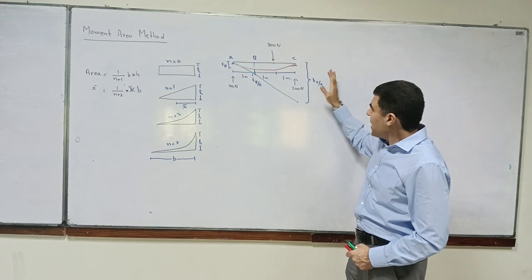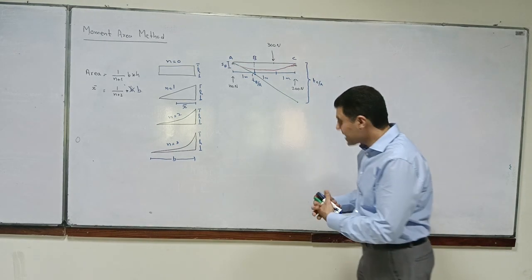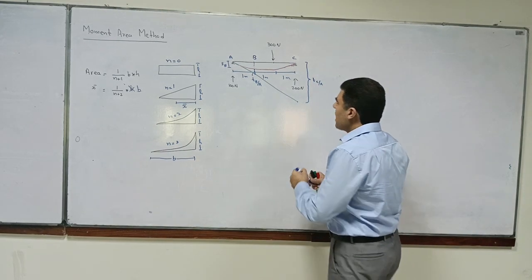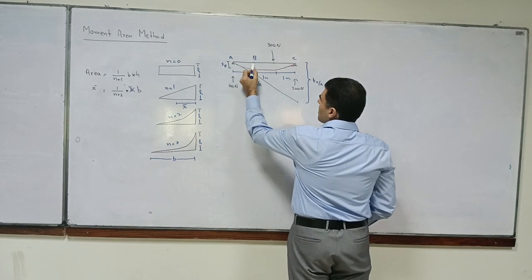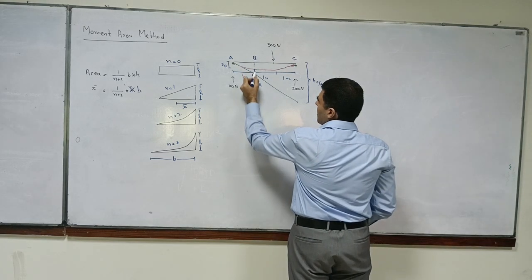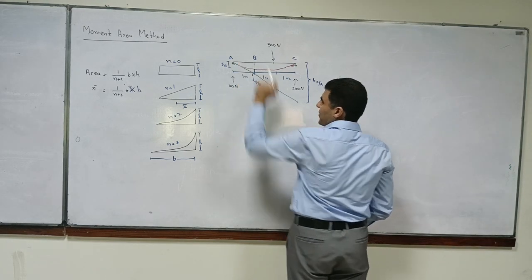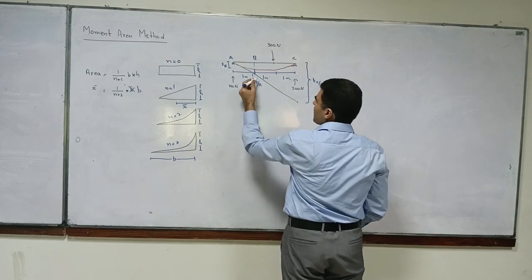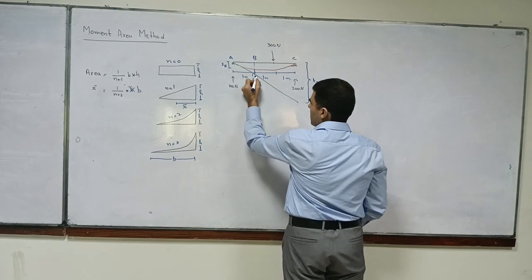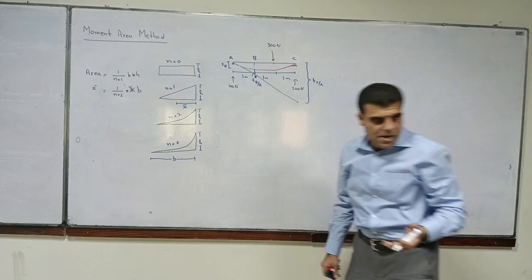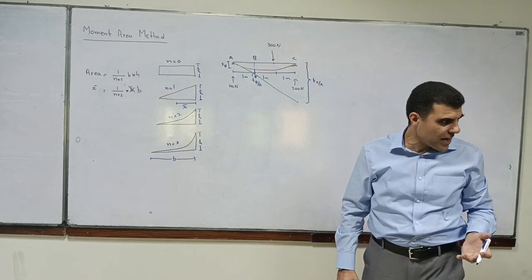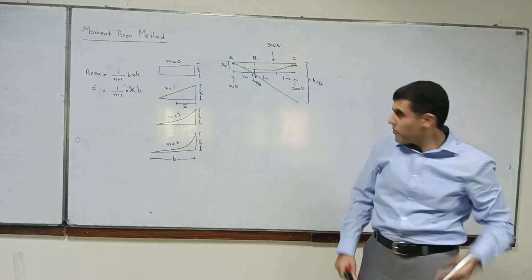Then using the similarity of triangles, we can find this magnitude, which is, imagine, BB prime. We can find BB prime using similarity of triangles, can't we?